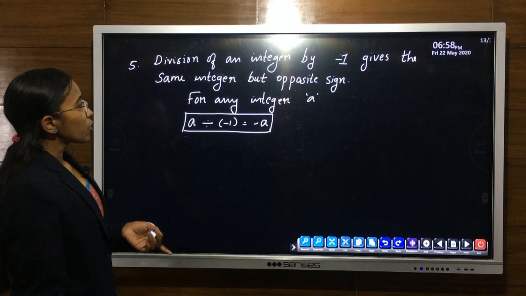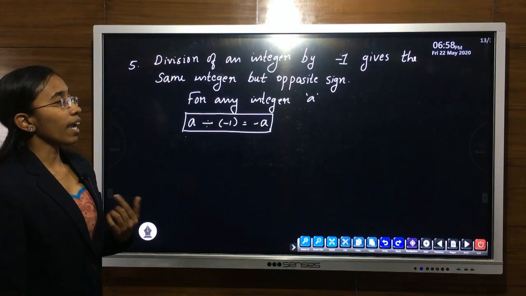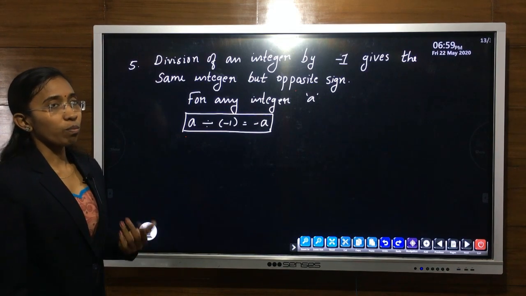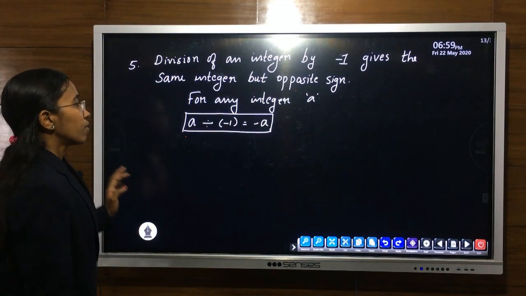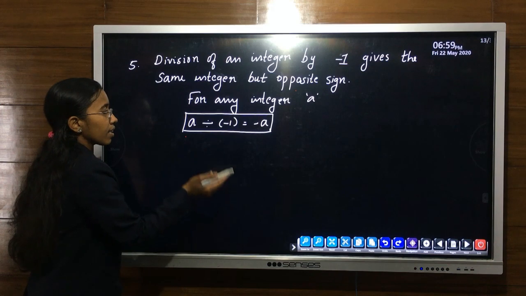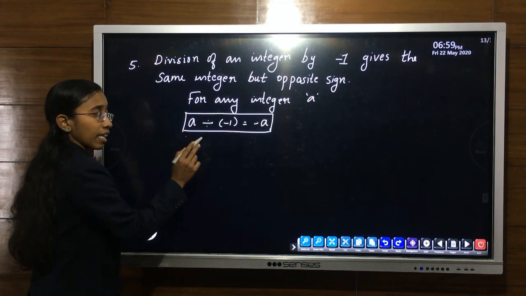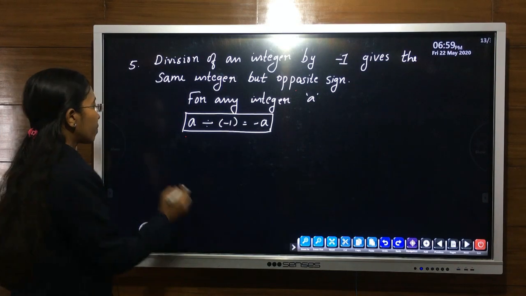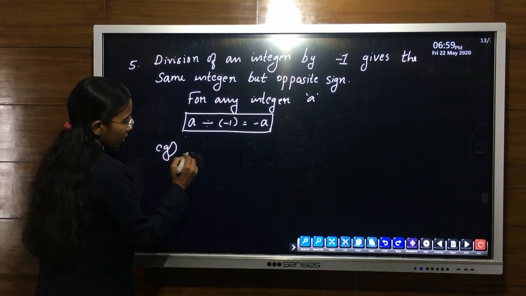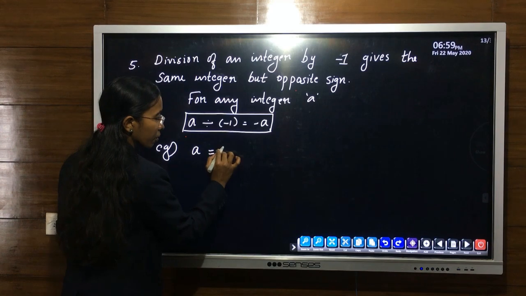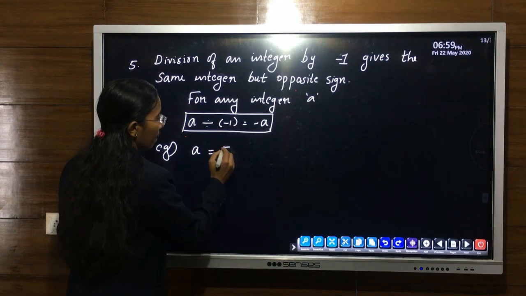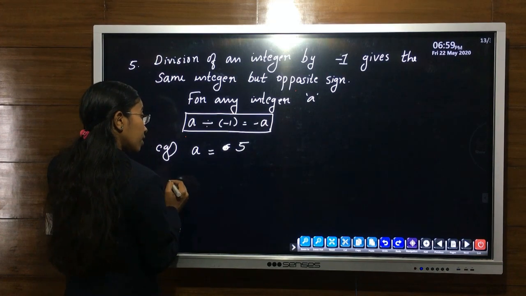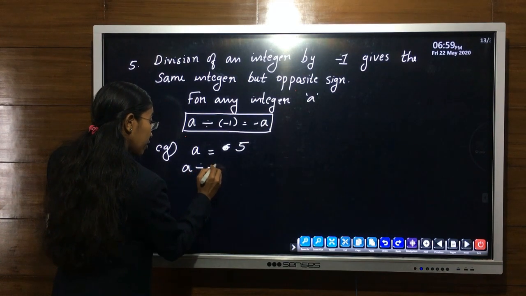And fifth property: division of an integer by minus 1 gives the same integer but with opposite sign, which means for any integer a, a divided by minus 1 equals minus a. For example, take a equal to 5. Then what is a divided by minus 1?